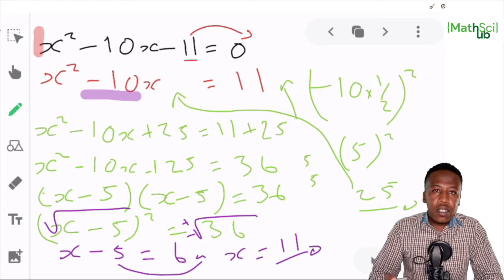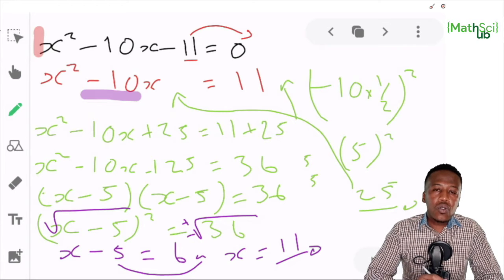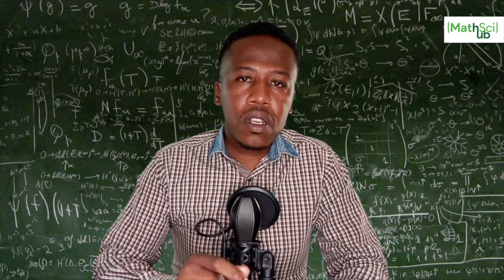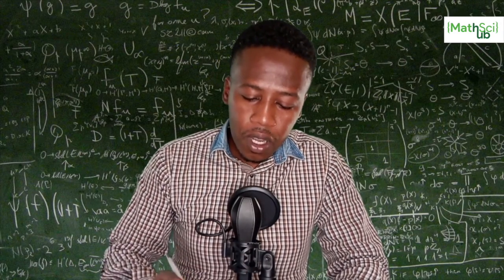Now guys, it's very helpful after getting your answer to go back to your original quadratic equation and double check whether you got the right answer. And you know how you check that?